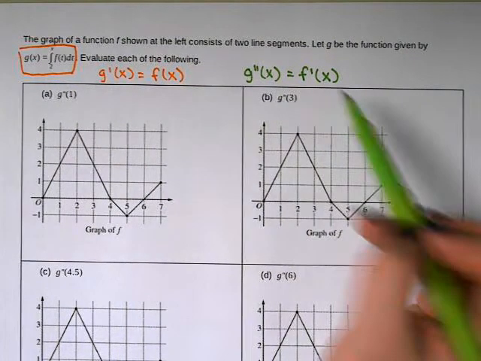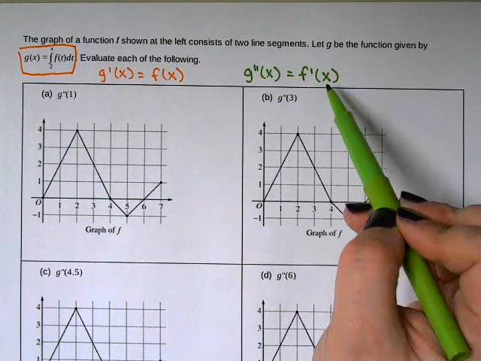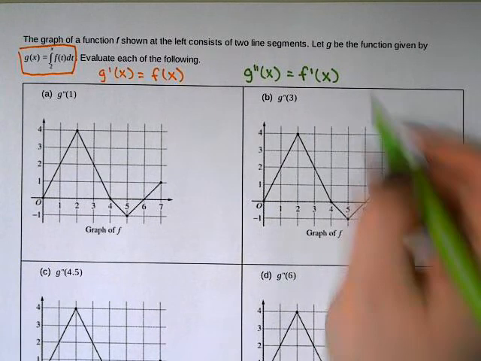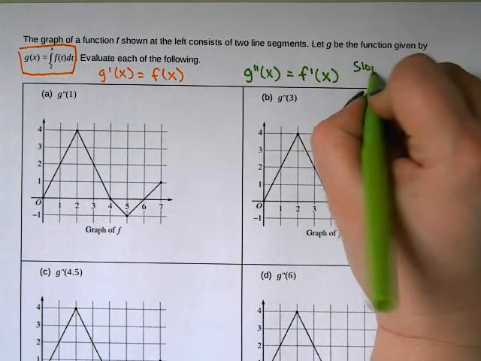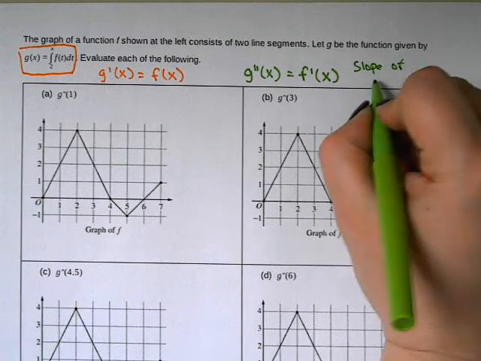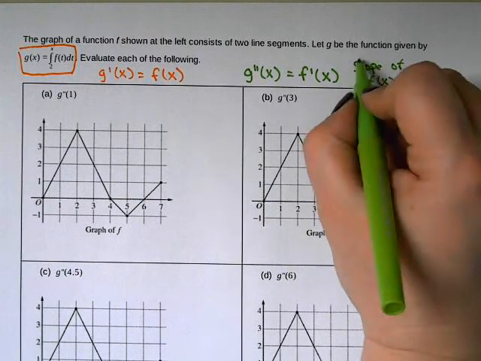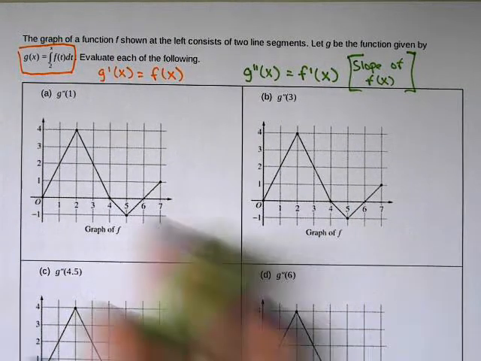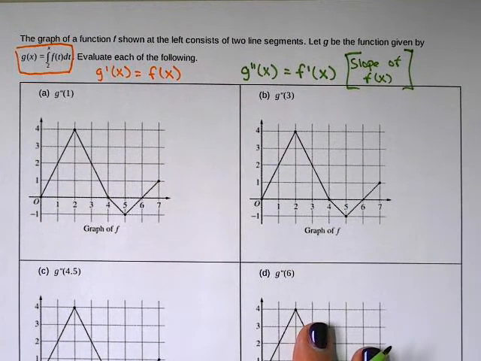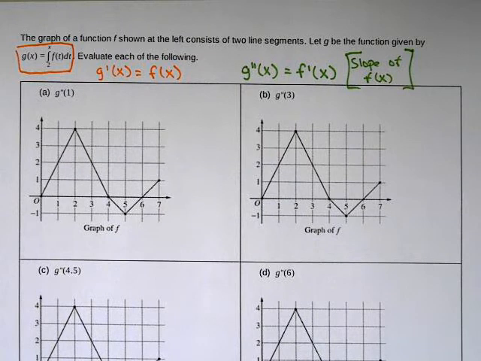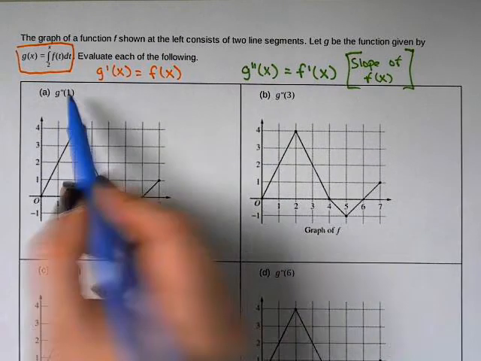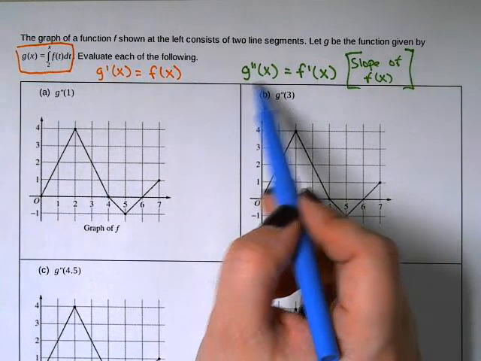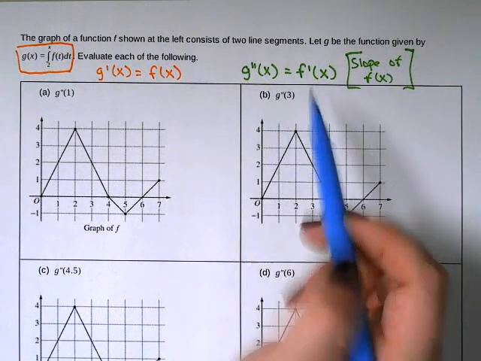So the thing we have to remember is if we're looking for f prime and we're given the graph, we're really looking at the slope of f of x. So that's what we're going to be using as we're evaluating the second derivative here. So let's try some. Let's see. G double prime of 1. So again, g double prime of x means f prime of x.